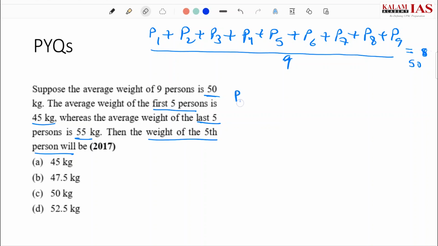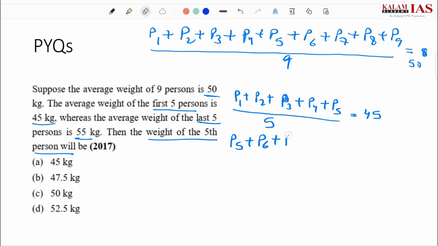So the average of first 5 will be P1 plus P2 plus P3 plus P4 plus P5 divided by 5 equals 45, and the average of the last 5 will be P5 plus P6 plus P7 plus P8 plus P9 divided by 5, which equals 55.